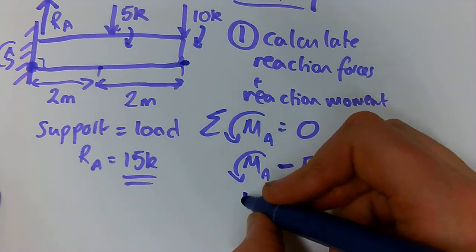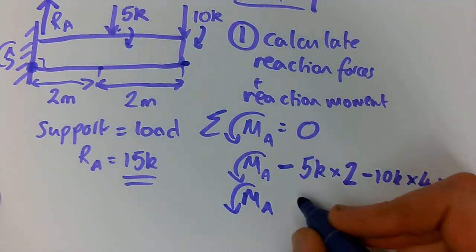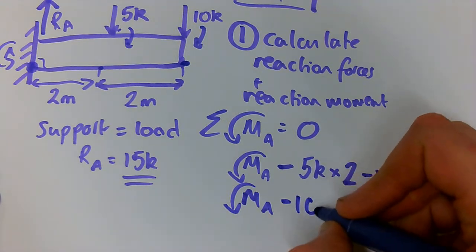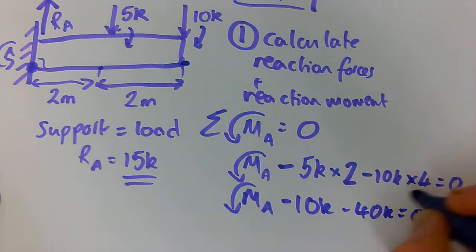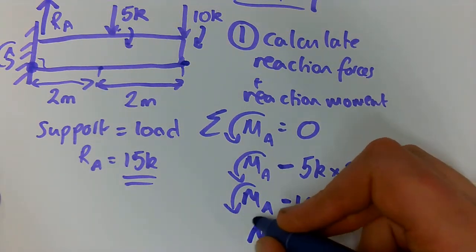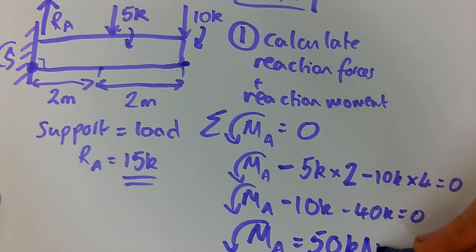So our reaction moment at A, MA, take away 10k, take away 40k is equal to 0. So our reaction moment is going to be equal to 50 kilonewton meters.